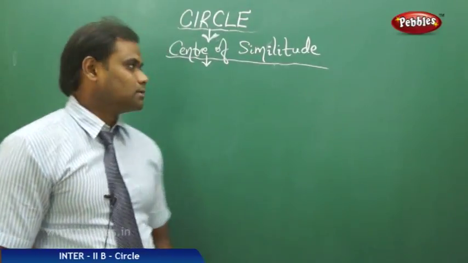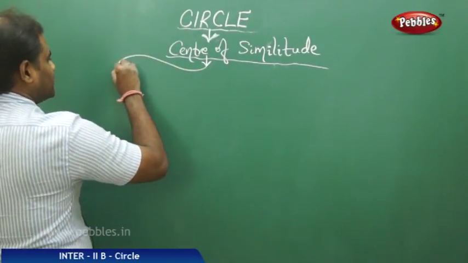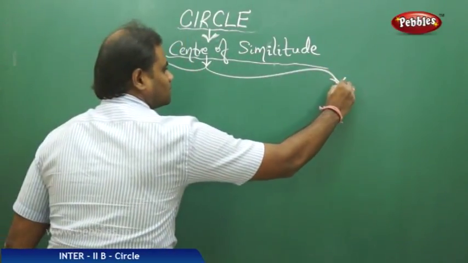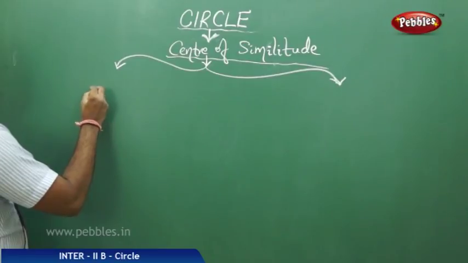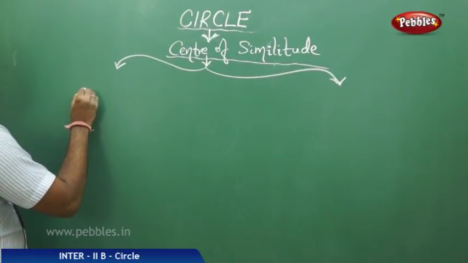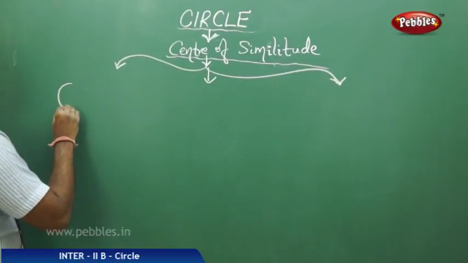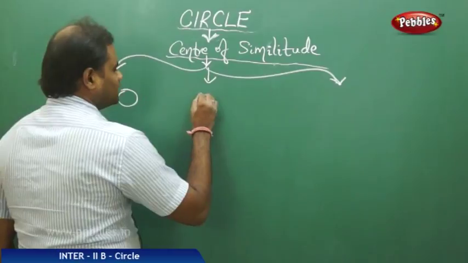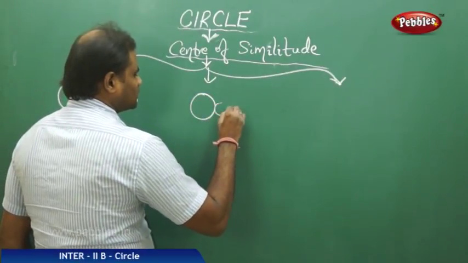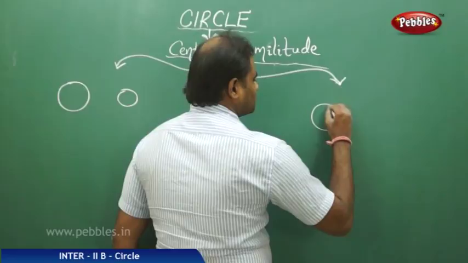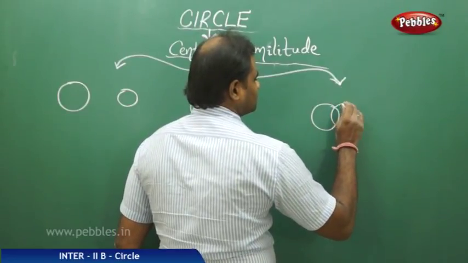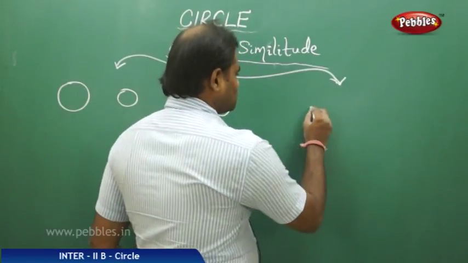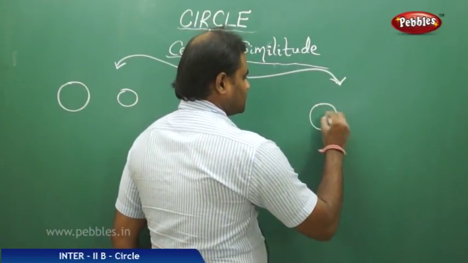To bring back all three cases out here, these two are disjoint circles, these two are touching circles, and these two are the intersecting circles.